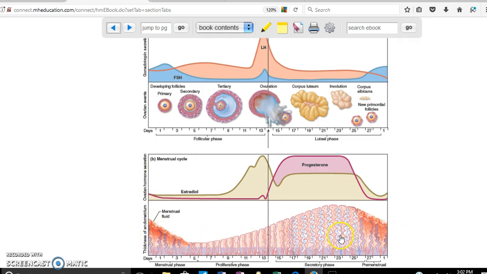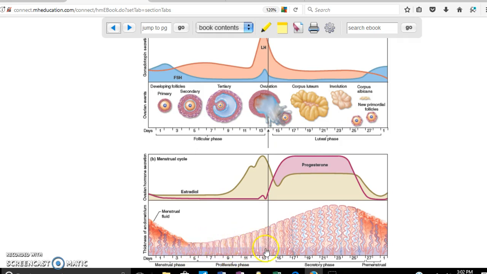But we're looking at the uterus, and in the uterus we're going to have basically the end of the menstrual period. Then we have the proliferative phase and the secretory phase. Let's say the menstrual cycle ends in day 2, and then from there, the proliferative phase starts, where the endometrium starts growing, as you can see here.